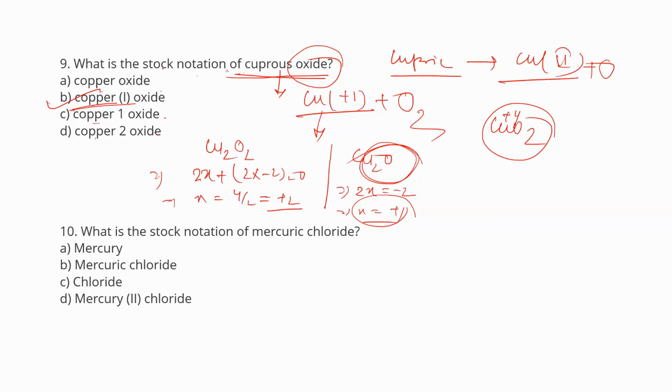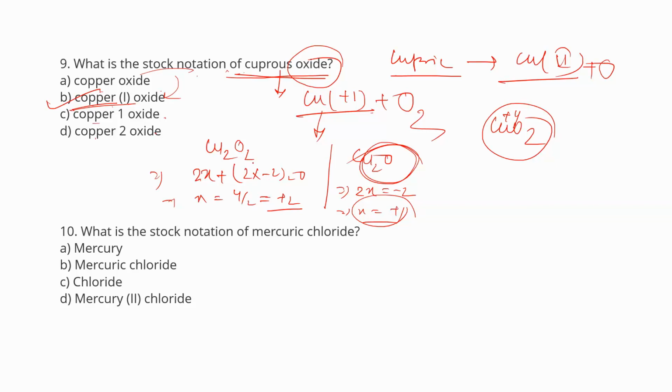The Stock notation means it shows the oxidation state, copper +1 in brackets, indicating the oxidation state of the copper. When it is the Stock notation, it is not the chemical formula; we have to show the oxidation state of the copper.